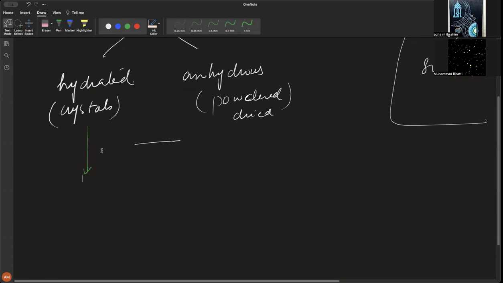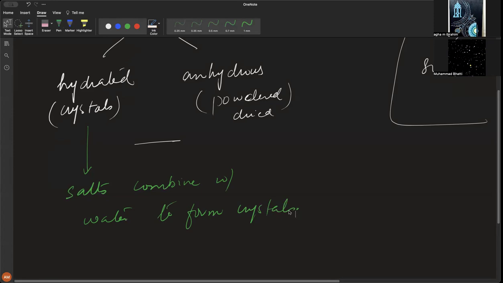Salts combine with water to form crystals.